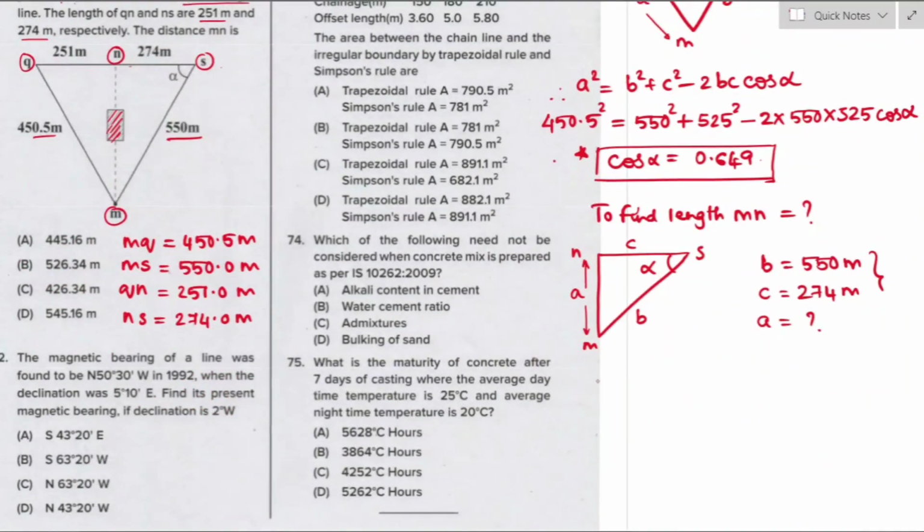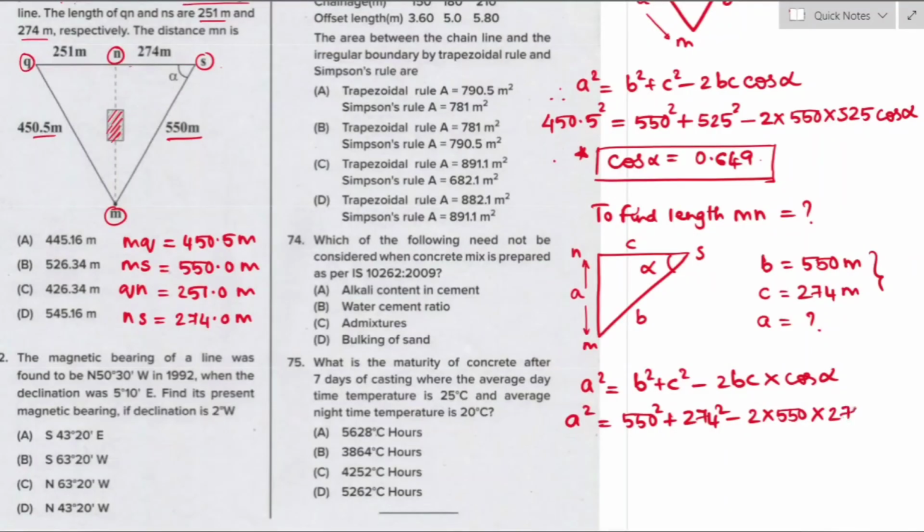As per cosine rule, A square is equal to B square plus C square minus 2BC into cos alpha. A square is equal to 550 square plus 274 square minus 2 into 550 into 274 into cos alpha, which is 0.649.